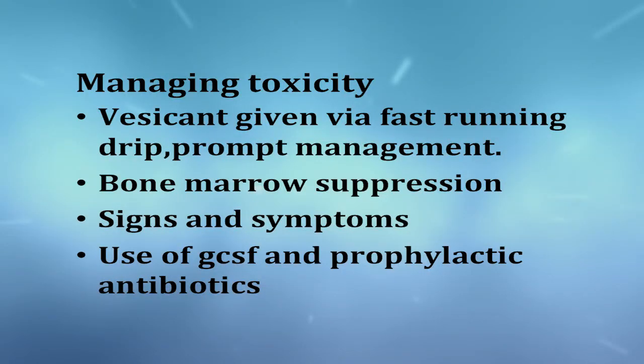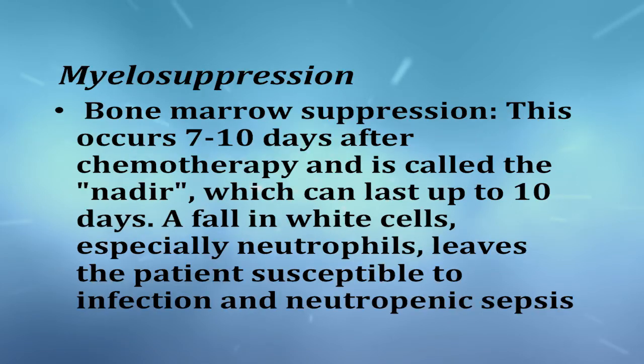If you get a patient with bone marrow suppression, it can be supported by GCSF, and you have to discover the symptoms when the patient develops this kind of problem by proper follow-up, proper examination, vital signs with each visit, and blood tests before the chemotherapy. Sometimes you give antibiotic prophylaxis with GCSF if you anticipate infection and immunosuppression.